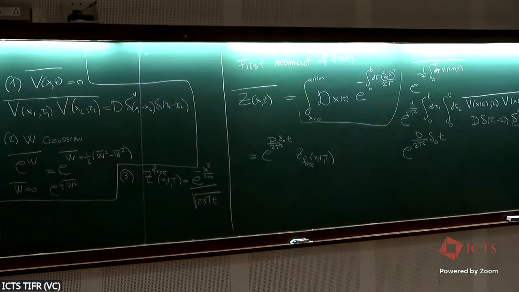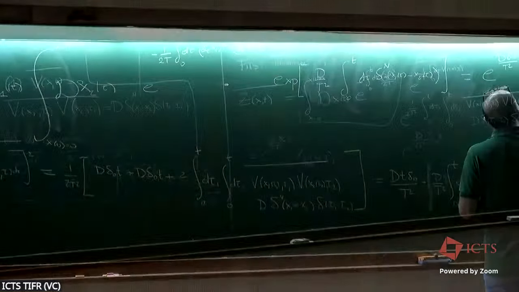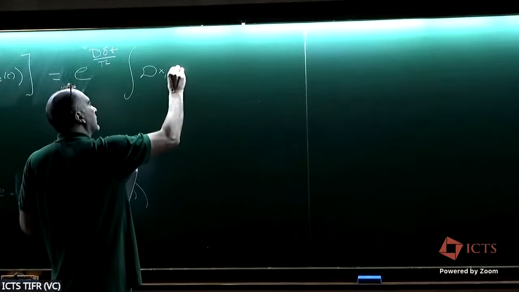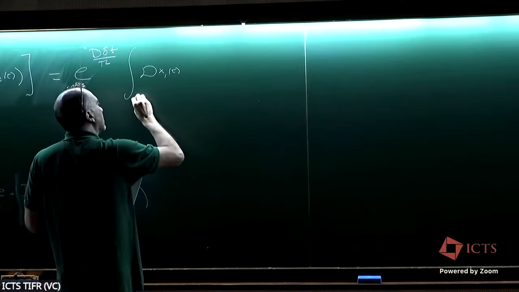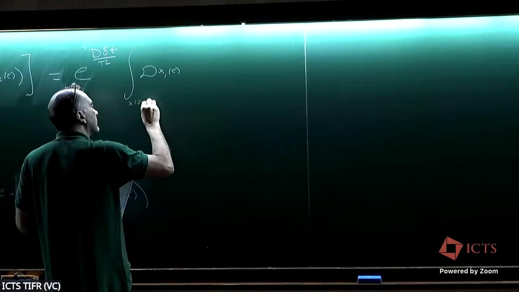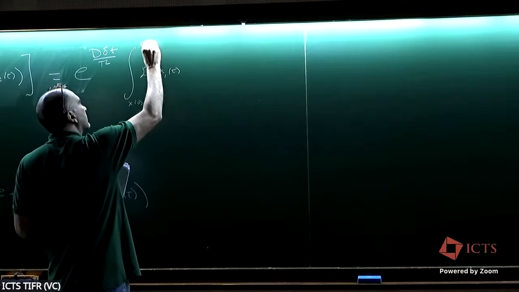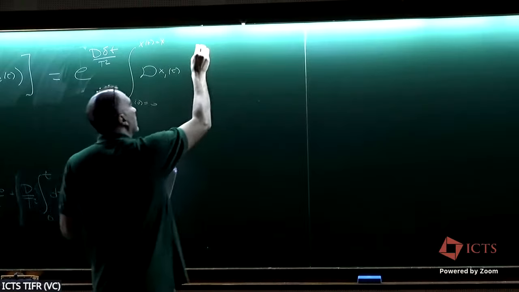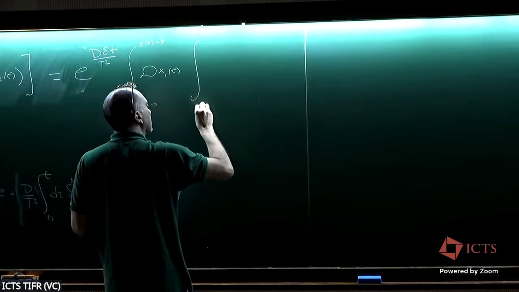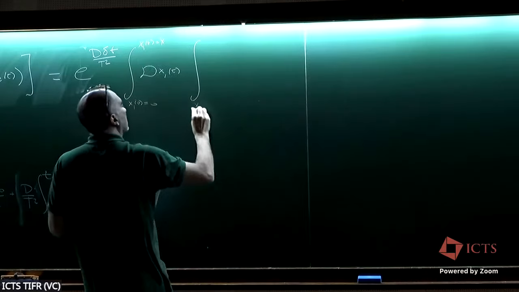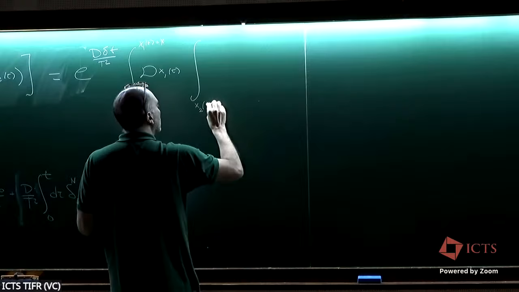And then we have something which looks great. So we have two particles. Their path starts in 0 and ends up in x. This is x1. This is the particle number 2.